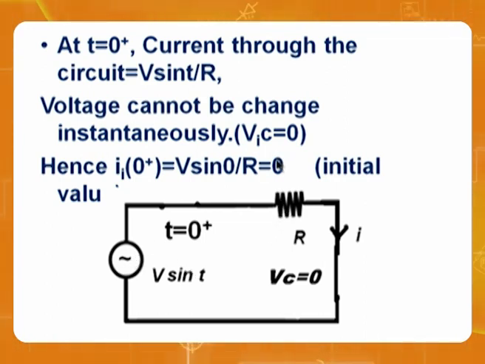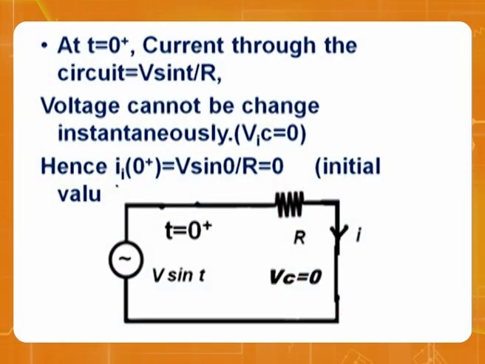So once again, though there is a chance of current flowing because the circuit is closed, still it is 0. It is not 0 because the circuit is closed, but it is 0 because the input is 0. When the input is 0, nobody can help us. Ultimately, the current is 0. This initial condition we are going to use in the next problem to estimate the current. So that is about the third problem, for 0 minus and 0 plus.